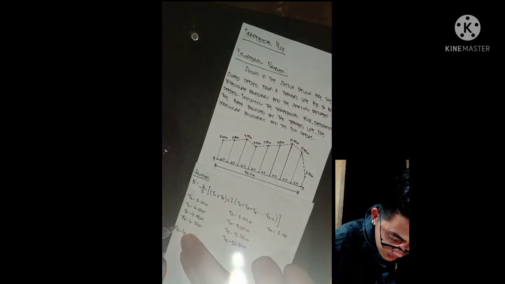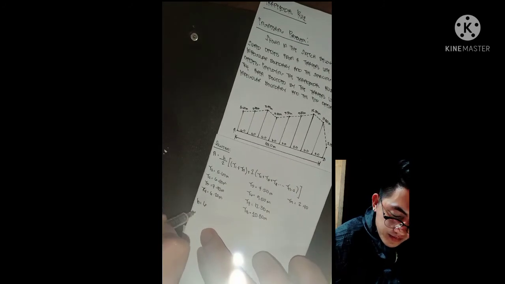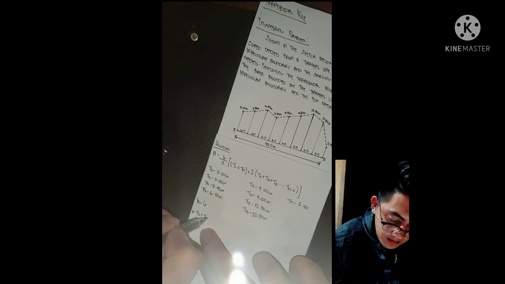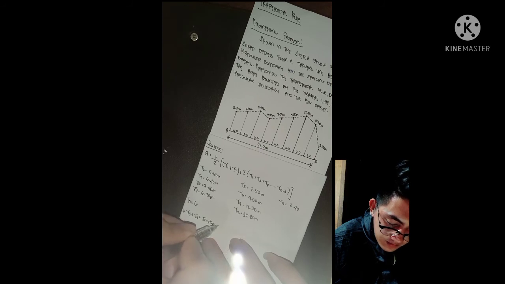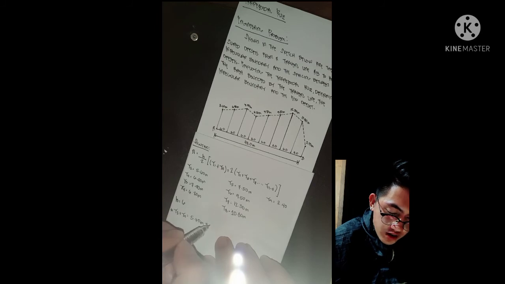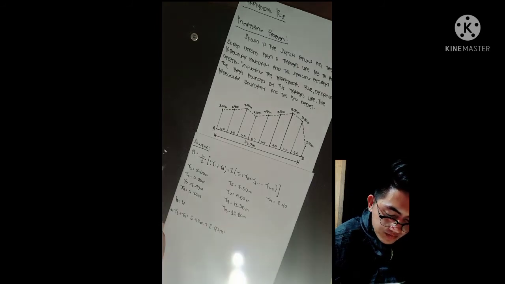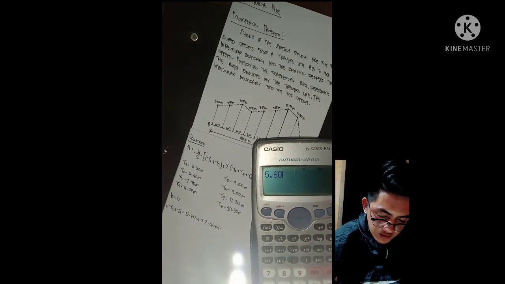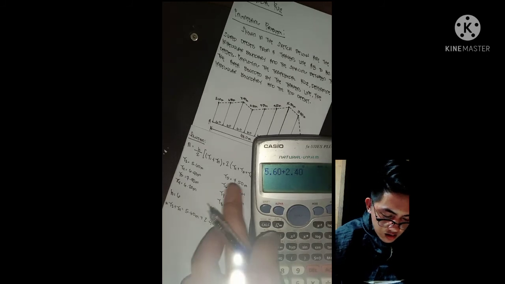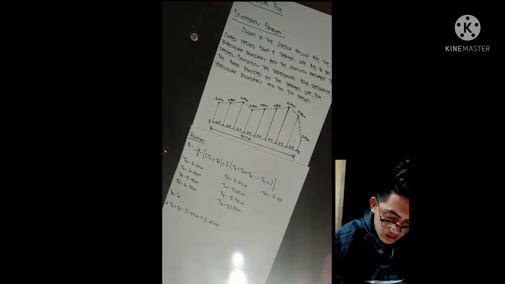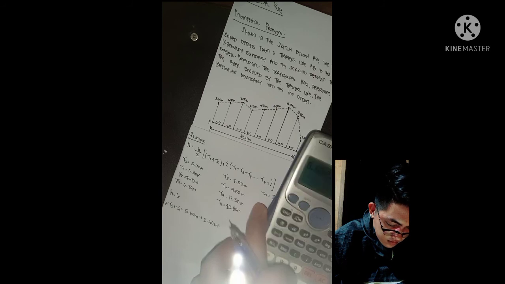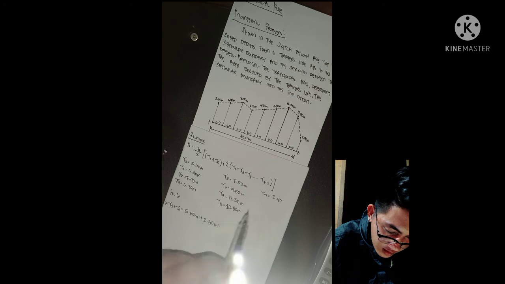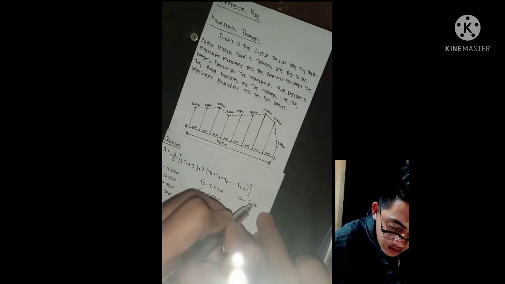So for our y1 plus y9, our y1 is 5.60 meters plus our y9 is 2.70 meters.